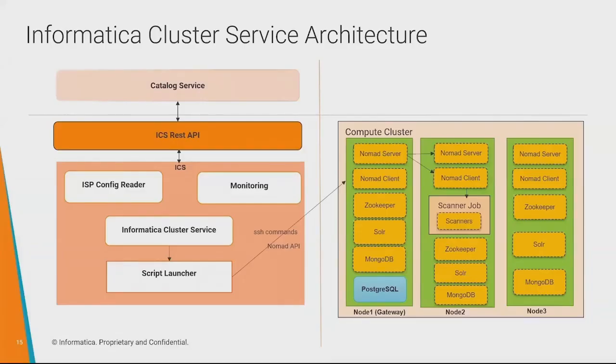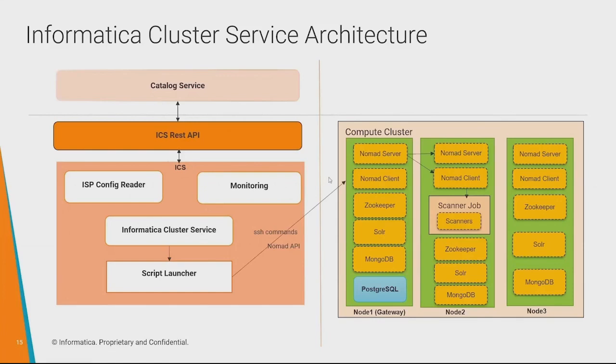This slide shows the Informatica cluster service architecture in a more simplified way. What you see on the left side of this orange line is the Informatica Cluster Service, ICS, and the catalog service deployed as part of the Informatica domain.